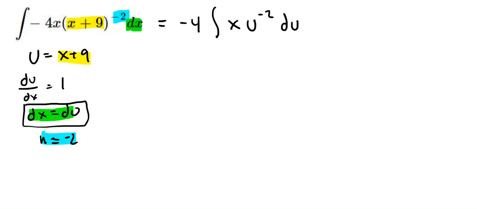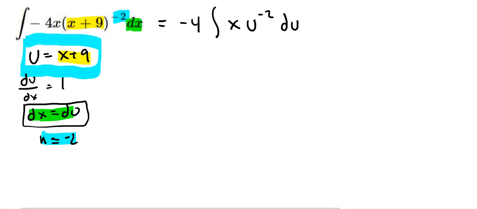We're going to go back to our u, which is x plus 9. And what we're going to do is say, okay, well, if u is equal to x plus 9, then x is equal to u minus 9, by simply taking the 9 and subtracting it to the other side. Well, now that we know what x is in terms of u, we can substitute that into our problem.